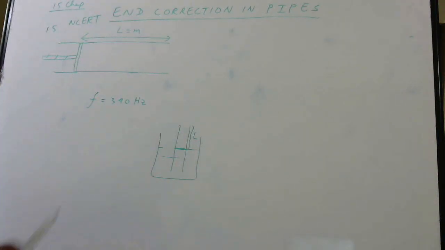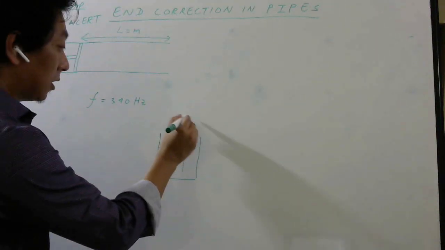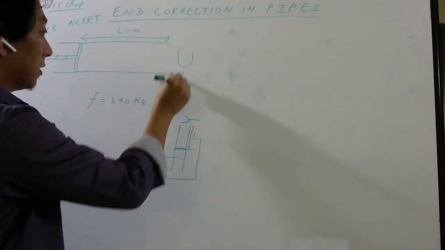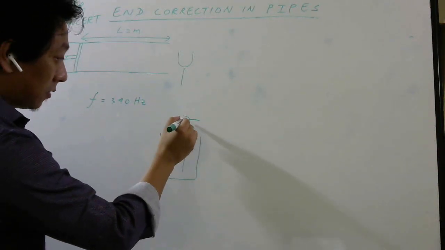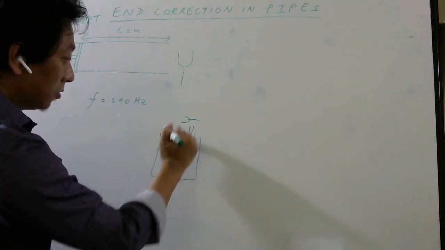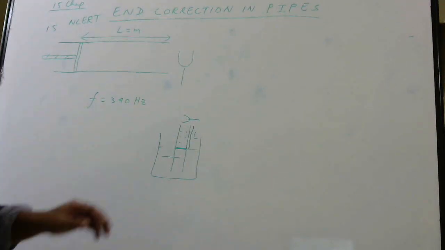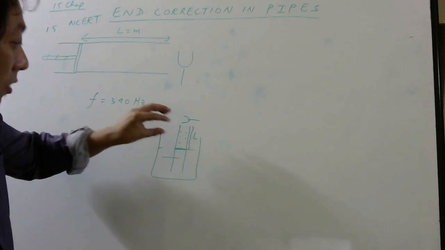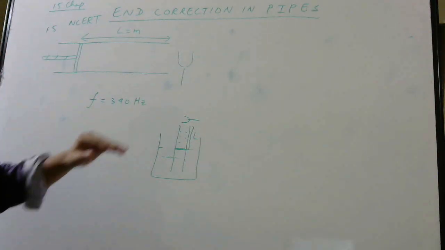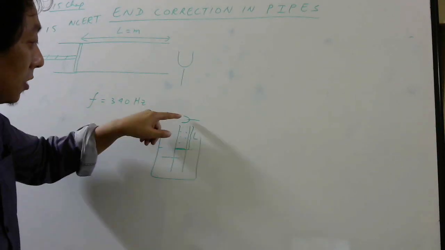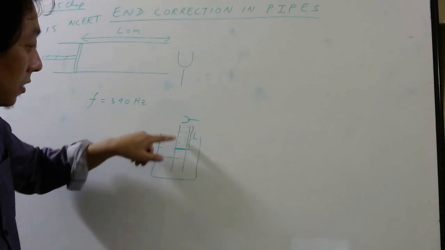Okay, so here they are doing it with the help of this piston. And then you can bring a tuning fork. Here they have put it in this way. Usually in the experiment we bring it this way and the vibration of the tuning fork will try to excite this air. Whether this air will oscillate in one of its natural frequencies depends on whether the tuning fork frequency resonates with the air column.